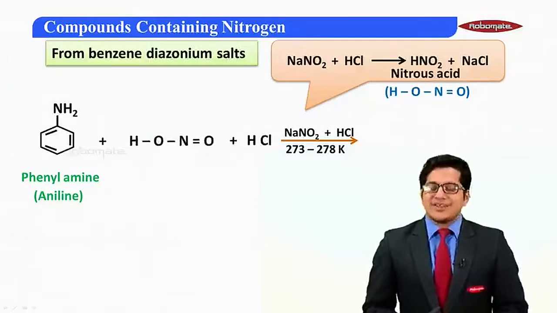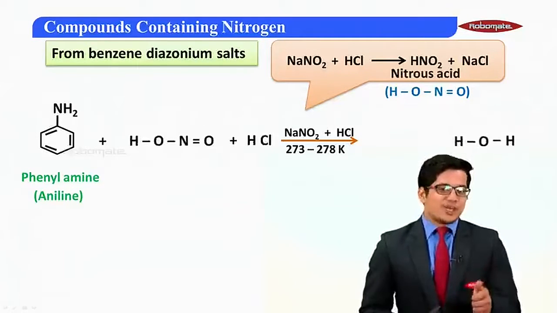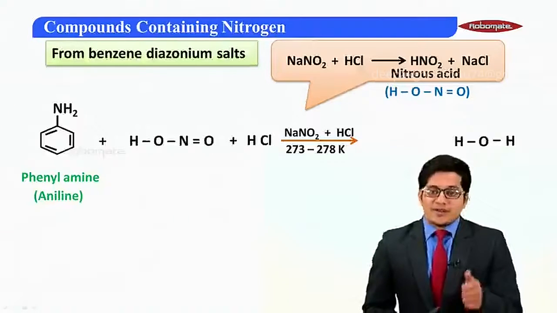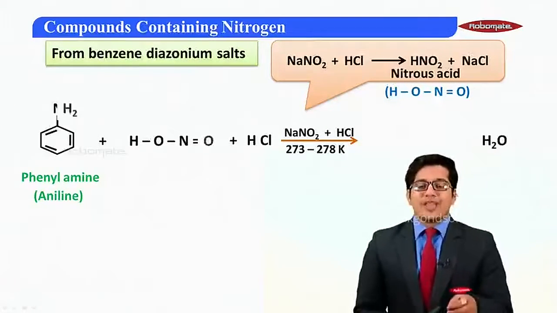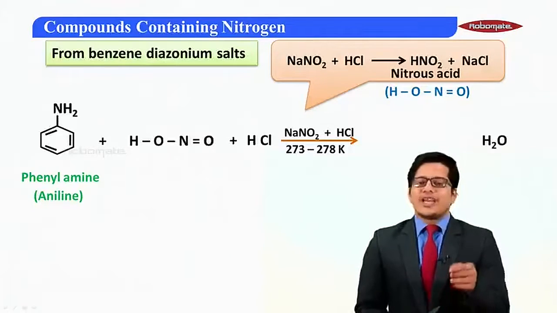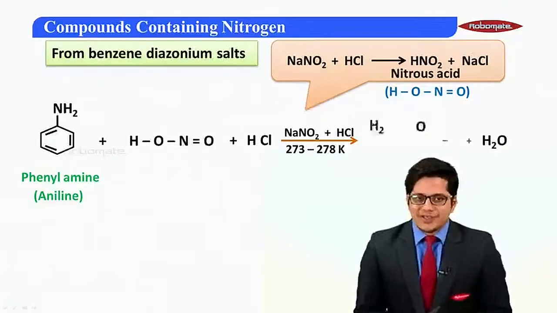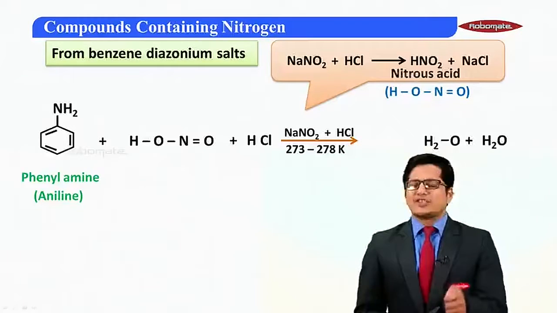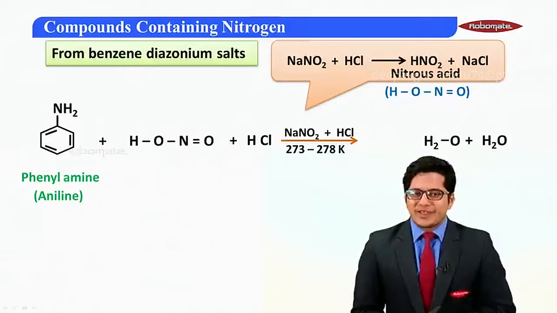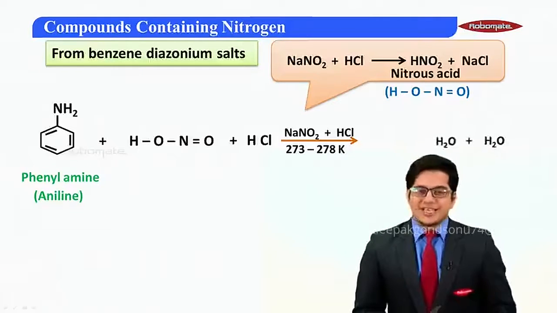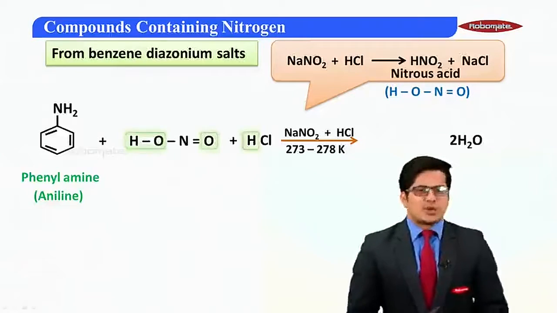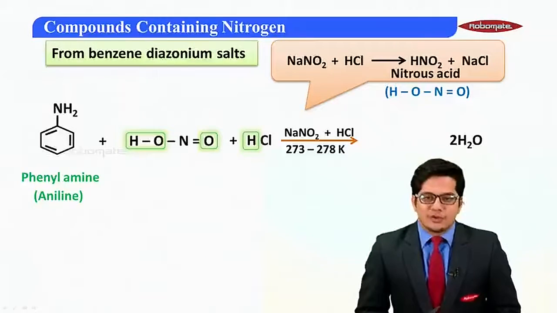Let's check. We get the first compound, that is water. Now one H2O is already formed, and we get formation of one more H2O molecule. So in all we have two H2O molecules, and therefore one of the byproducts is 2H2O.